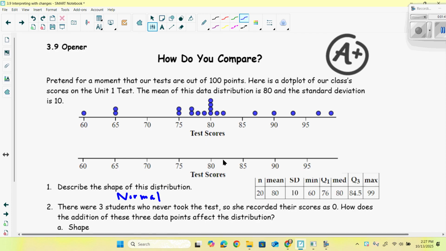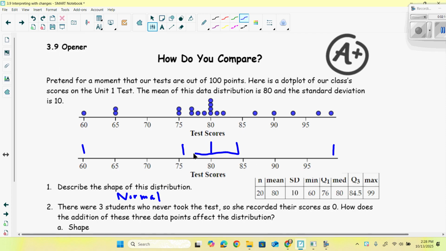If we wanted to make a box and whisker plot, we could go to the median, the min and the max, the minimum being 60, the max being 99 up here somewhere, and then Q1 at 76 and Q3 at 84 and a half.